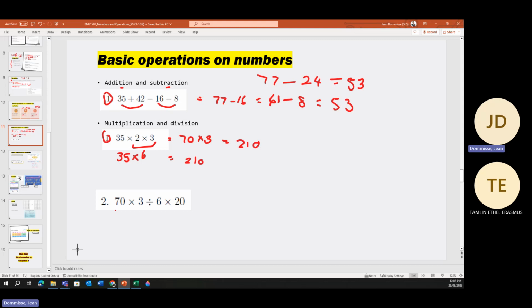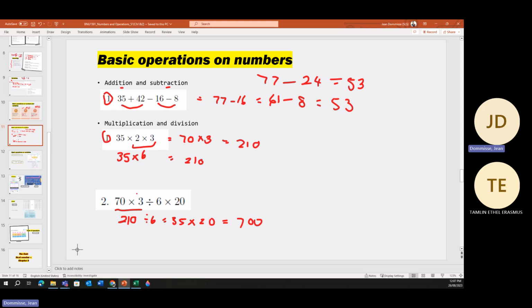We could have said, what is 7 times 3? 70 times 3, that is 210. 210 divided by 6 is equal to 35. And then 35 times 20 is equal to 700. So that is one way of doing it.